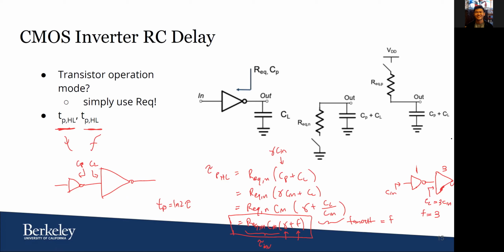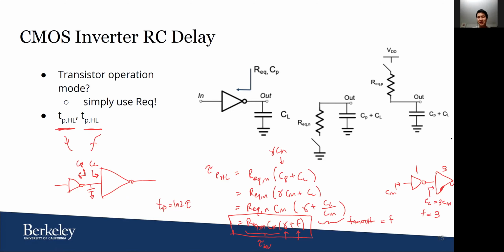And for the smaller inverter in the example on the left side, you said the output capacitance of that one is CP plus CL, right? Yes. And the input capacitance of the larger one is just CL? As in, the equivalent capacitance that you see here is going to be two parallel capacitances, so that's what CP plus CL is equivalent to. And that's defined as the output capacitance of the smaller one? Of the smaller one, yes.